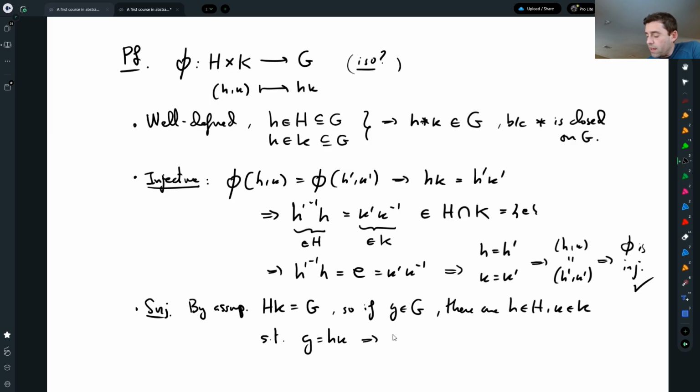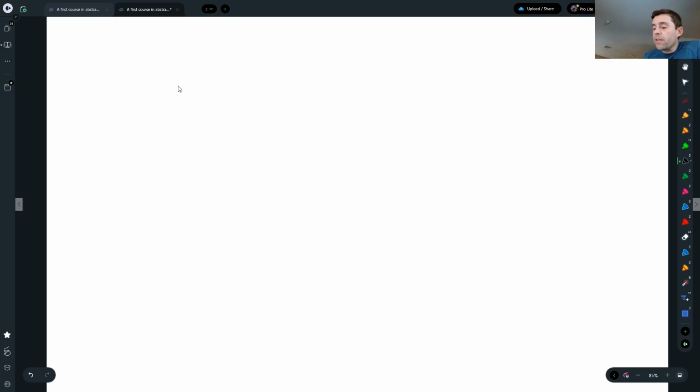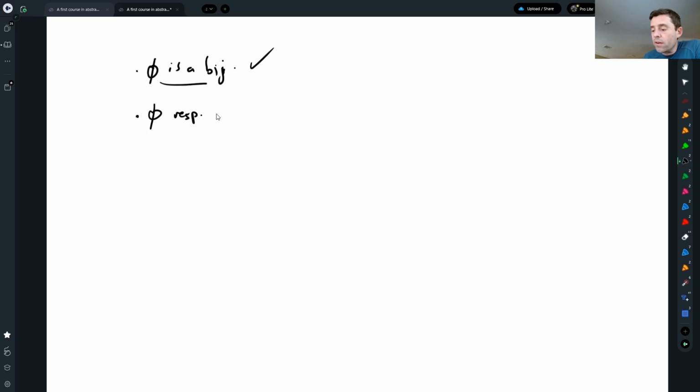And what that means then is that phi of that pair (h, k) is hk, which is g, and therefore I have surjectivity. Okay, so these two things tell me that phi is a bijection. And now I need to know that phi respects group structure. So let's see if that is true.